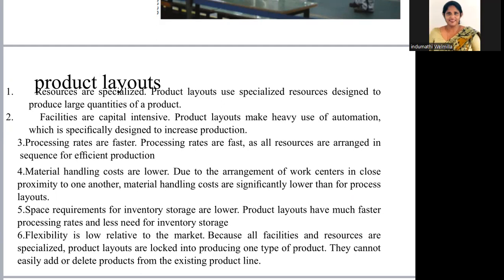We use specific machines or equipment, such as one assembly line for the one product in high volume. Therefore the processing rate is faster, and the material handling cost may be lower.